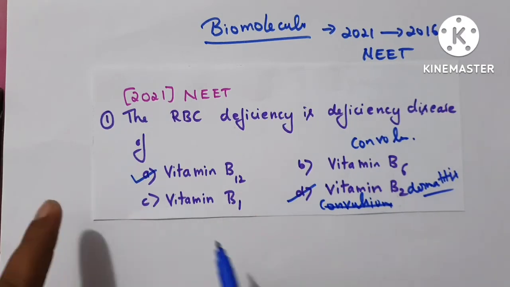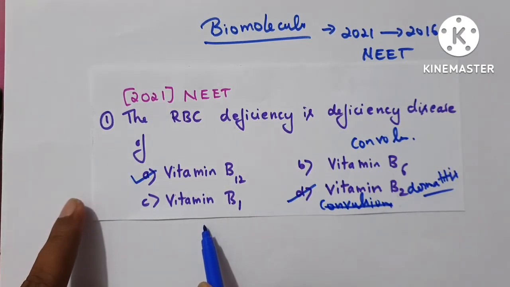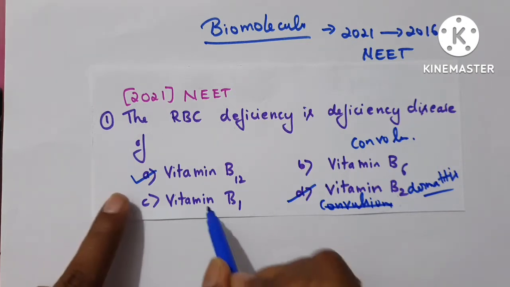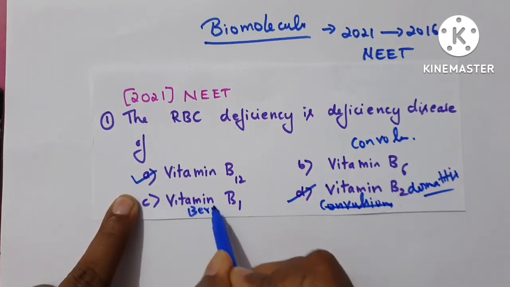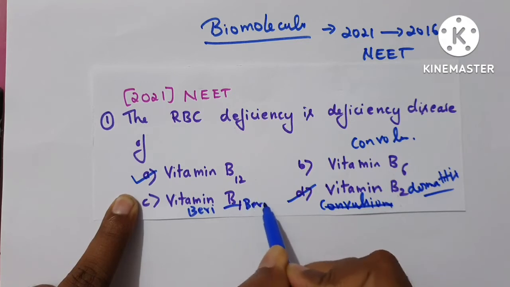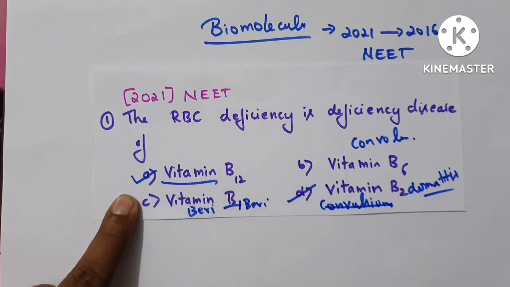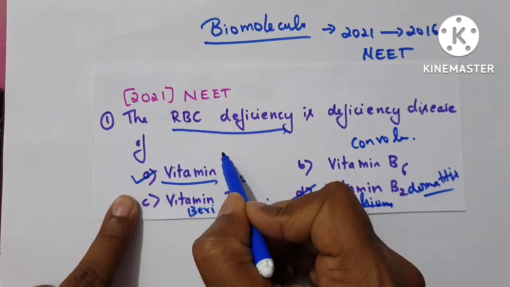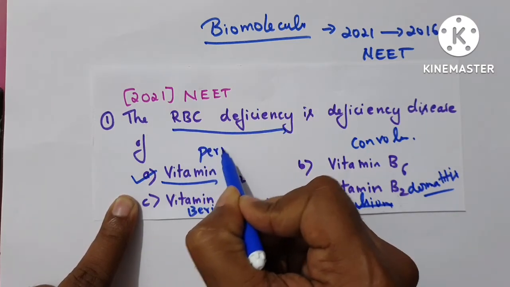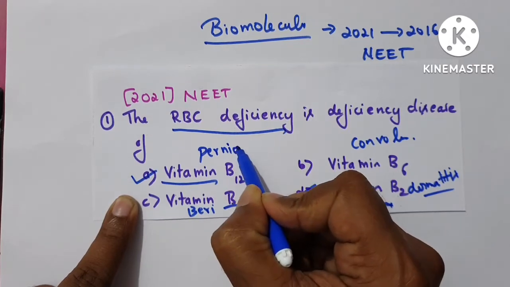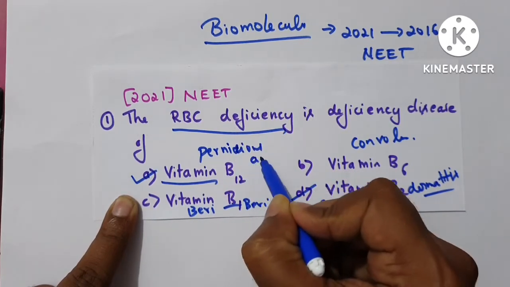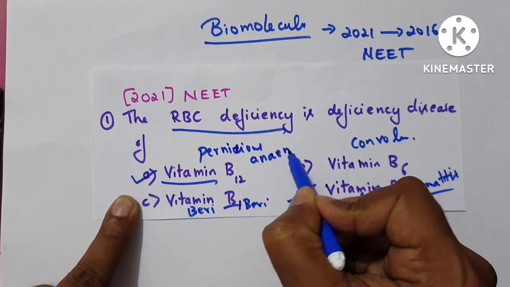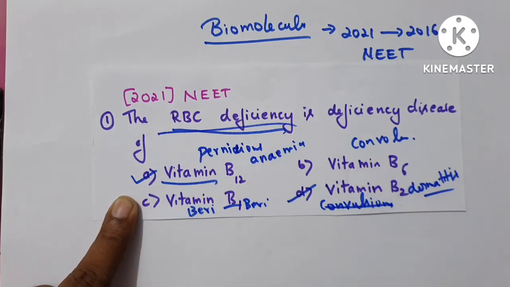Vitamin B1 causes a disease known as beriberi. Whereas vitamin B12 causes RBC deficiency, which is known as pernicious anemia. Therefore, RBC deficiency is nothing but pernicious anemia, which is caused by vitamin B12.